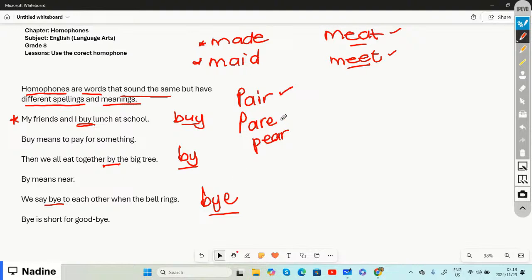And then the second word pare, P-A-R-E, is where we are cutting off the outer layer of something. We're cutting off the outer layer.